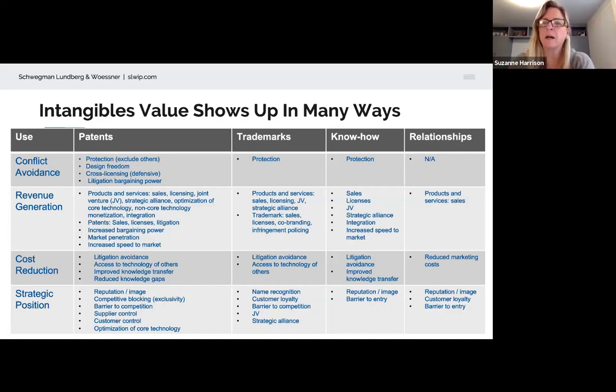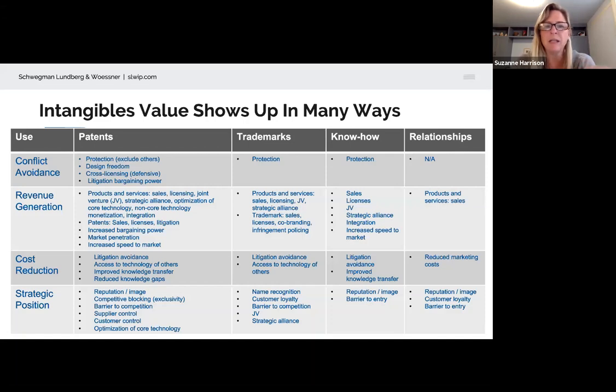Yeah, and that comes up a lot. I would say in the best practices group, we have a lot of questions about how do I right size my portfolio? And the answer is, okay, how are you looking at it? Are you looking at it for productization? Are you looking at it for revenue generation? Assertion value, or counter assertion value?